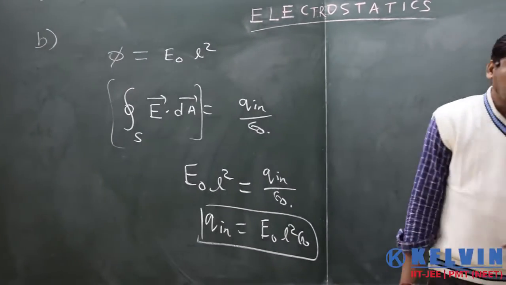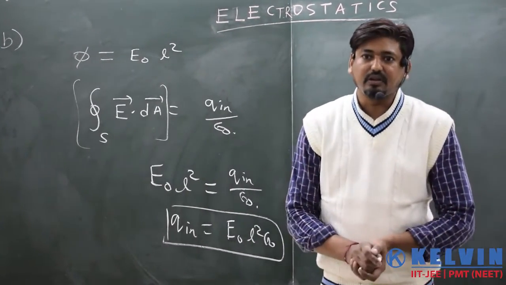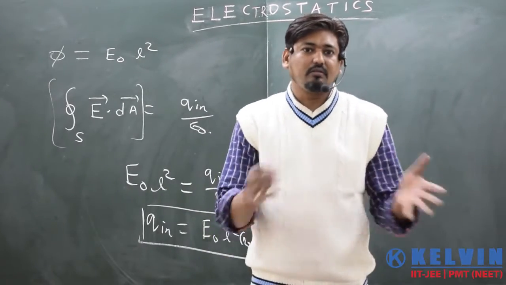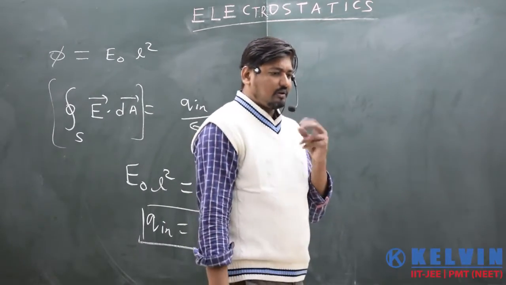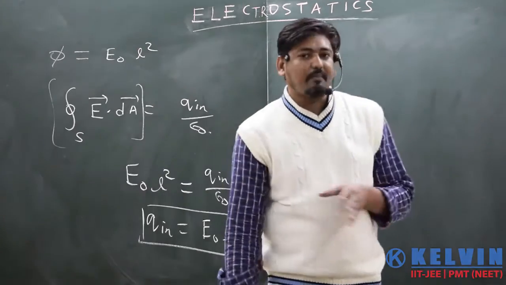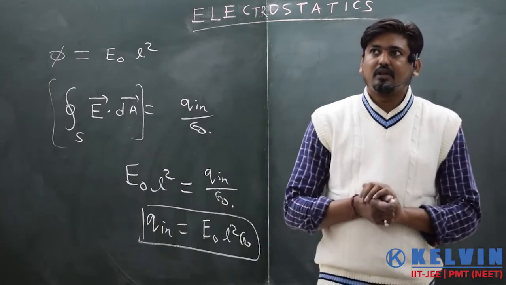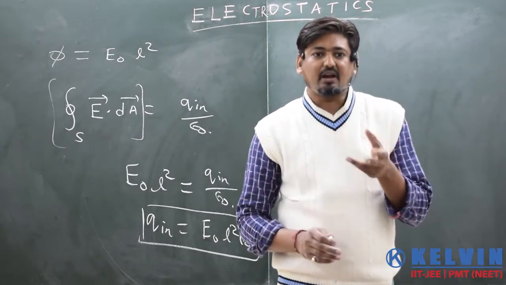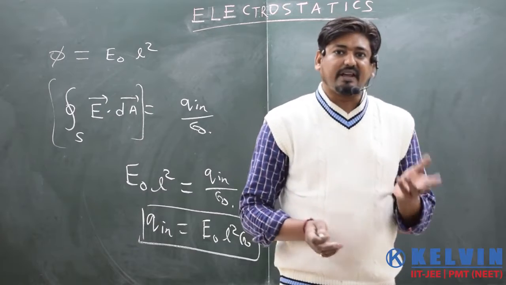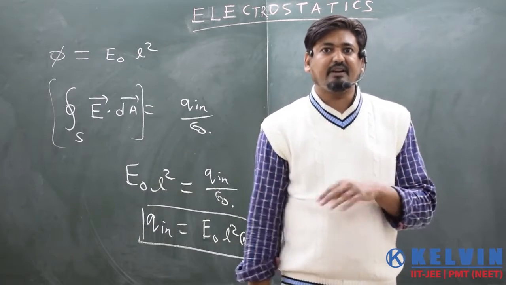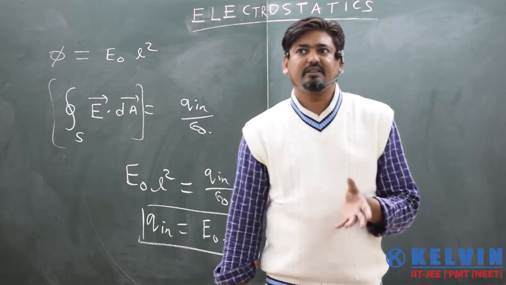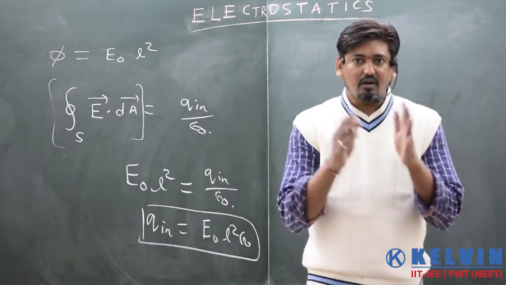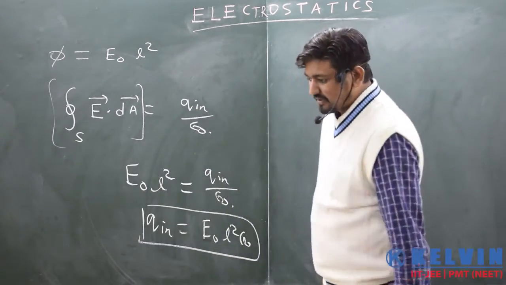So I hope you have understood the concept of Gauss law and how to deal with the problems related to the Gauss law. So giving you some idea about the flux and how the flux goes negative or positive for a closed surface, and what is the physical interpretation of that particular part, right?